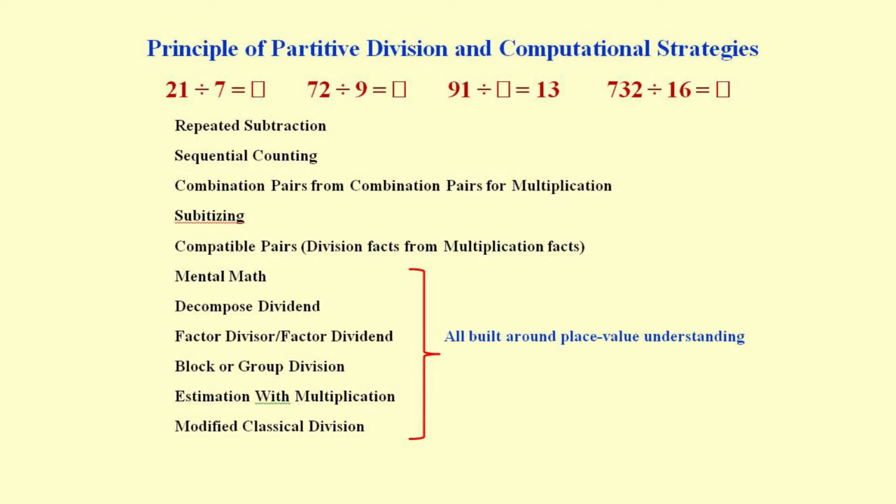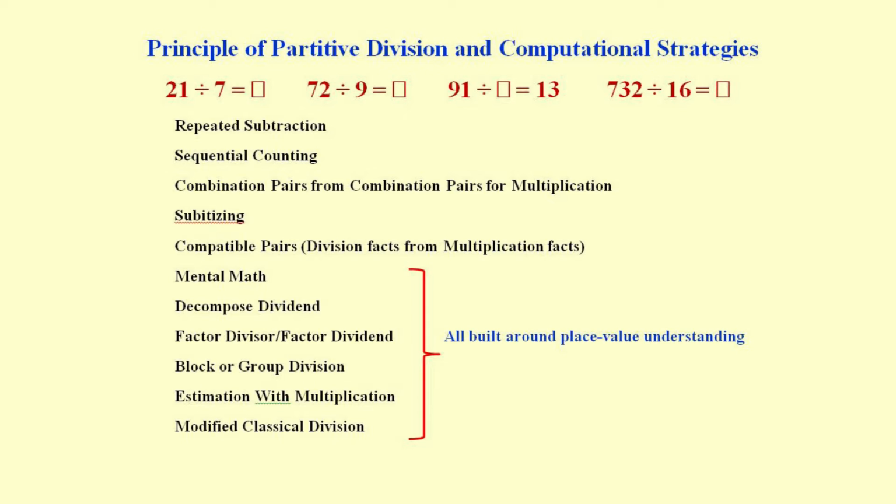Again, we're looking at partitive division as we continue from the session we had before, and we've gone through all these on the list down through block or group division. And the next thing we want to turn to is estimation with division.